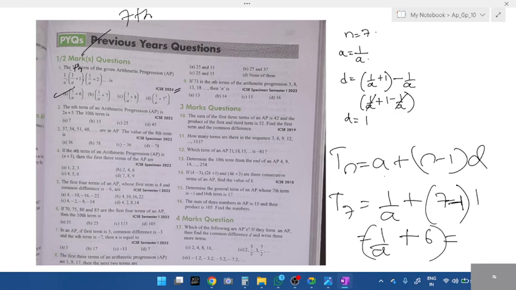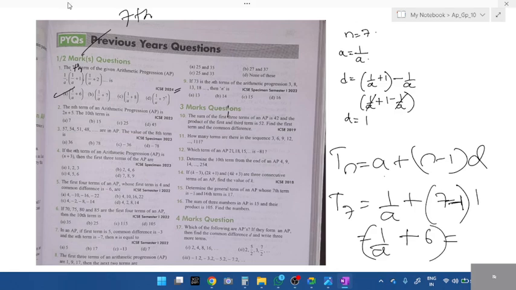Understood? How to solve MCQ? Just to confuse, that too they've given it in 2024. Instead of numbers, they've given fractions like 1 by A, 1 by N. So don't get confused. Use the same logic: A value, N value, T of N concept. Even for GP, you'll get such questions.